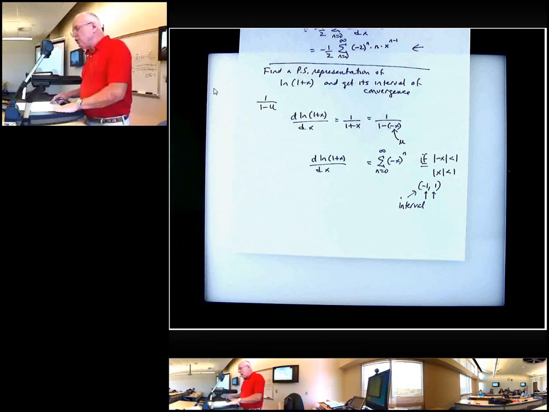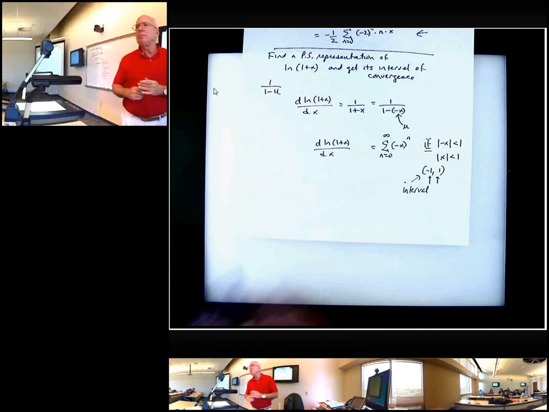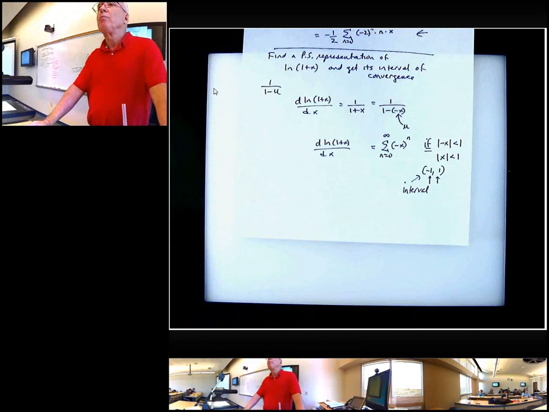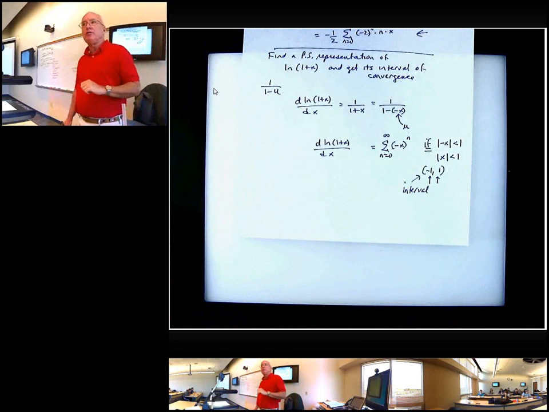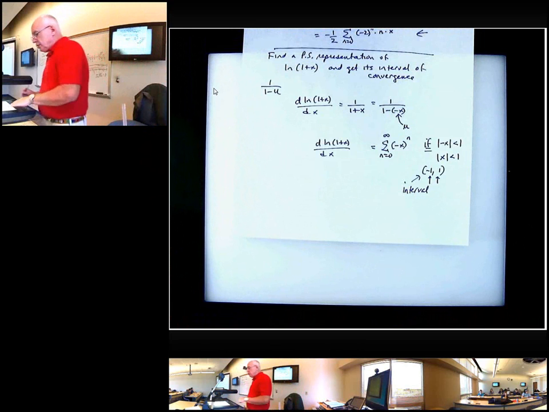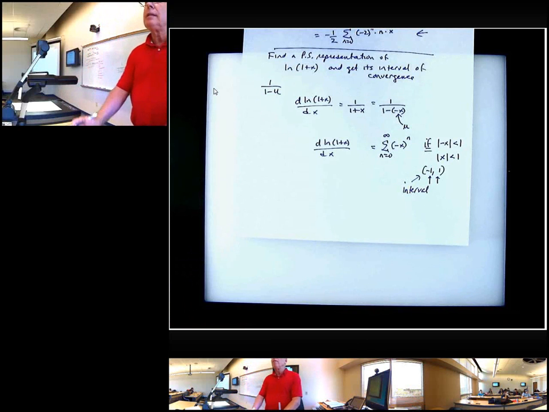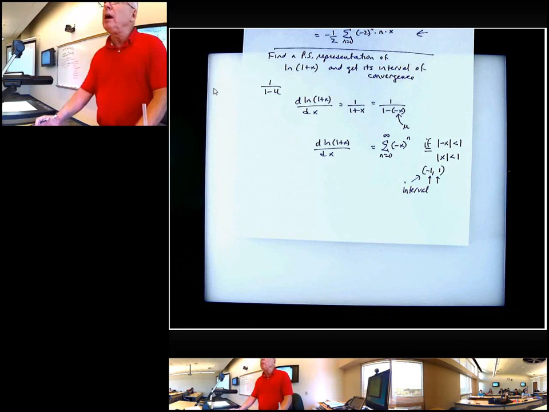You said you don't have to test the endpoints because it's a geometric series. So how do we know that? Oh, how do we know something is a geometric series? Okay, that's your question. A geometric series is something where every subsequent term is multiplied by a common ratio.